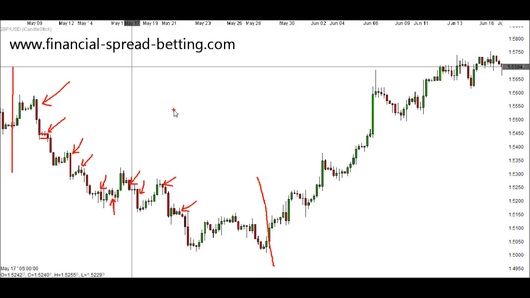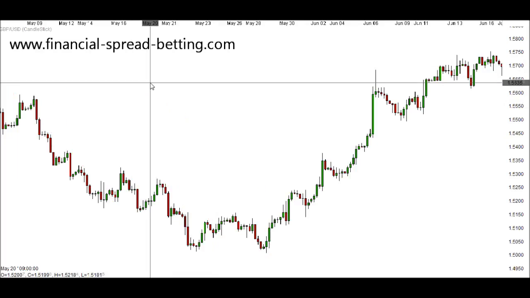So from a quick glance of this downwards trend in May, I've counted 10 from the start of the trend to the end, 10 bearish engulfing candles.